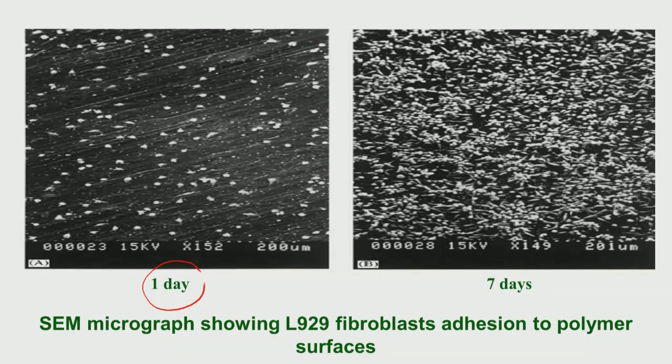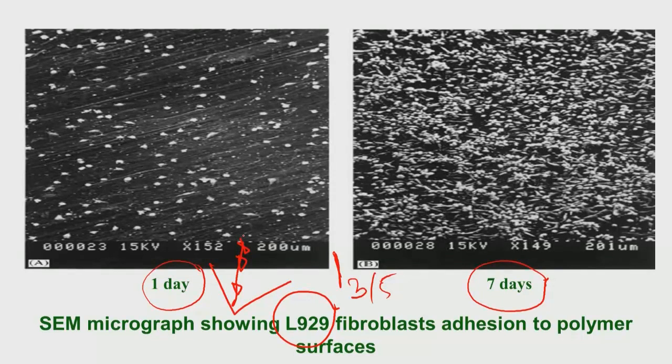Here you see after 1 day this is the number of cells, and this is at 7 days the total number of cells, spreading all along the surface. This is one of the slowest growing cells, the L929 mouse fibroblast cells. If you now plot the cell number, with observations at day 3 or day 5, you can see that this cell growth shows a very linear pattern.